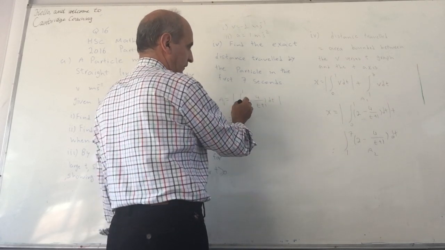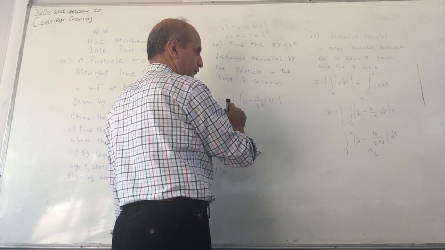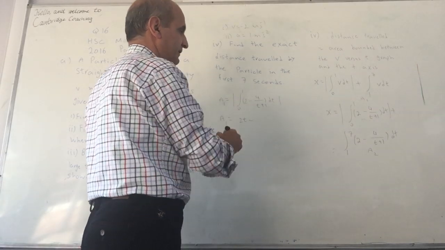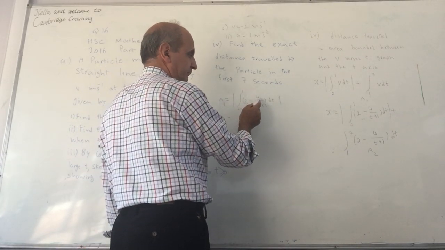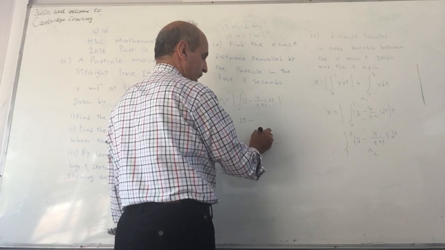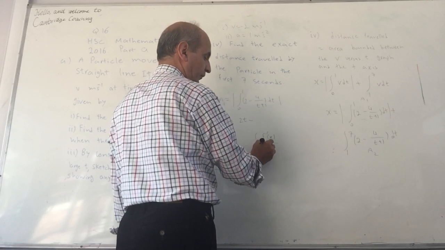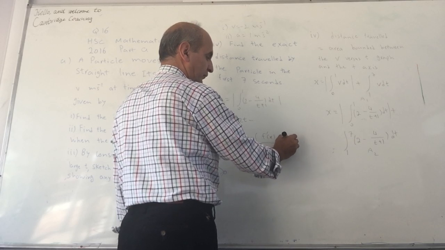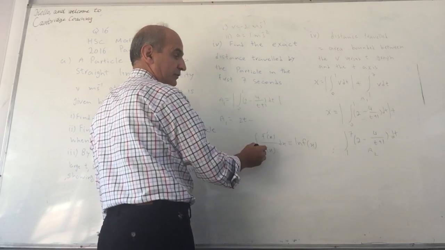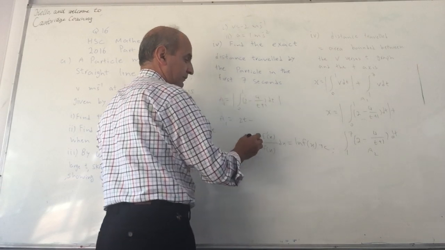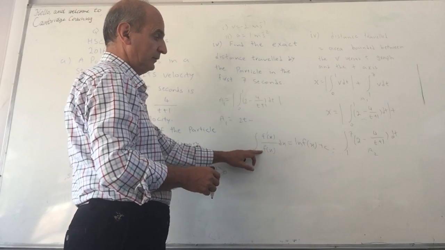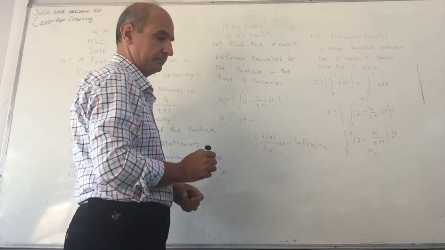So A1 is equal to the integral of 2 dt, which is just 2t, minus... this is a case where you are integrating a derivative over the original function, so you know that your answer is ln of the original function, plus C. When you're integrating a fraction where the top is the derivative of the bottom, the answer is ln of the bottom.